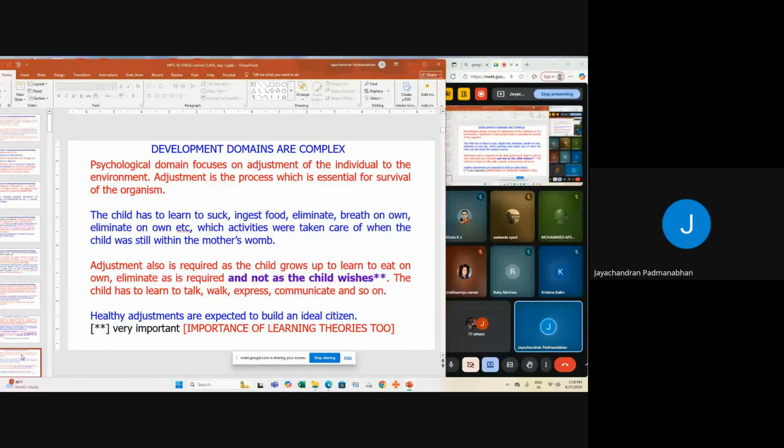The introduction will be over in another two slides. The psychological domain focuses on adjustment of the individual to the environment. Adjustment is the process which is essential for survival of the organism. The child has to learn to suck, ingest food, eliminate, breathe, and so on, which activities were taken care of when the child was still within the mother's womb.